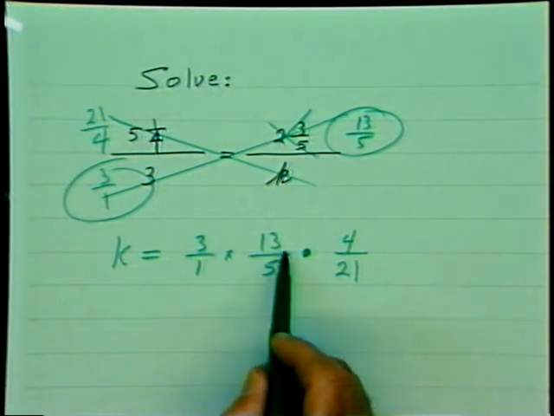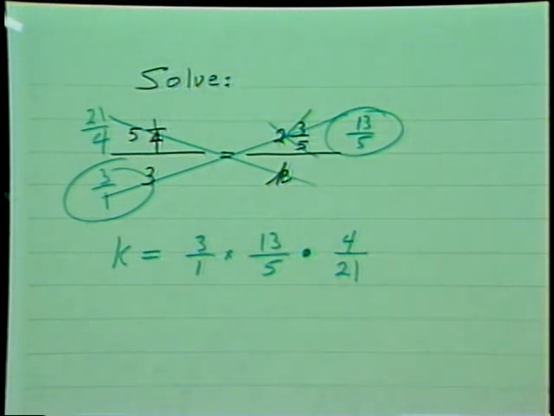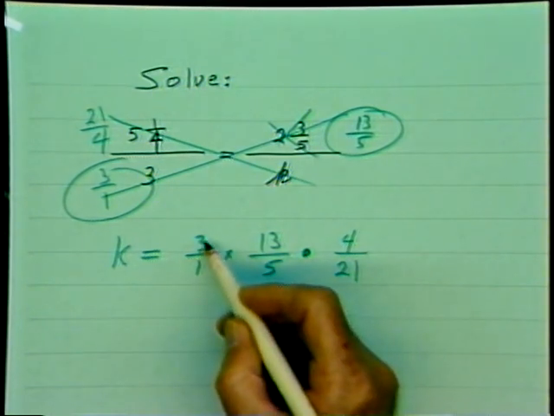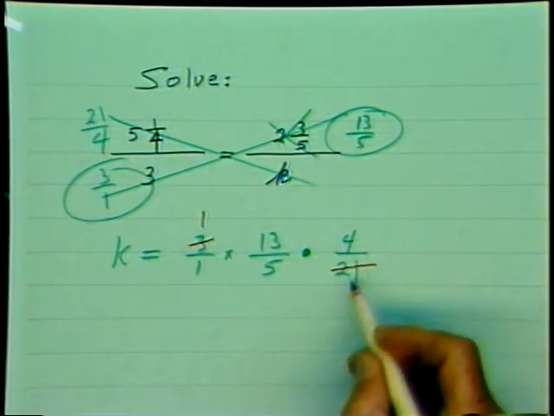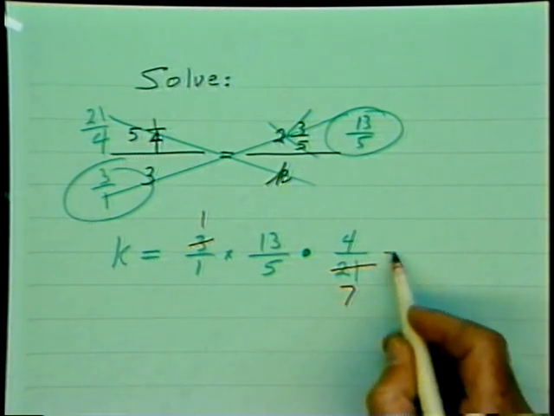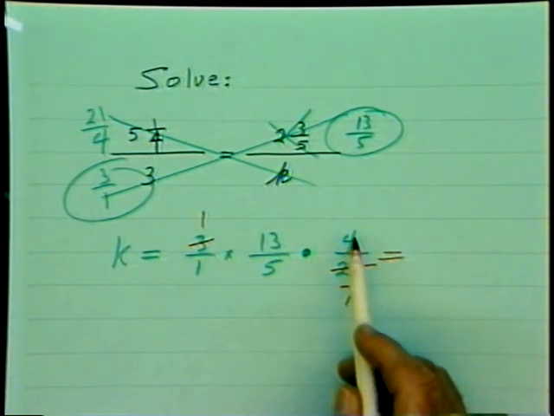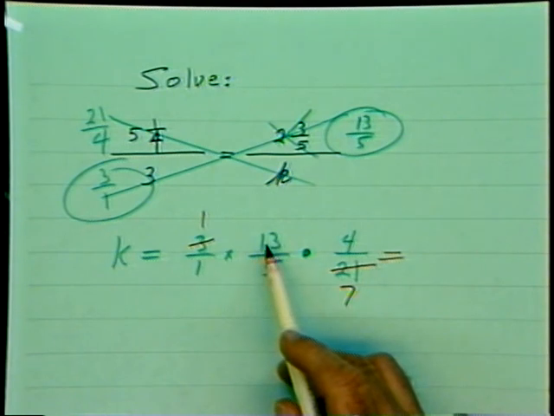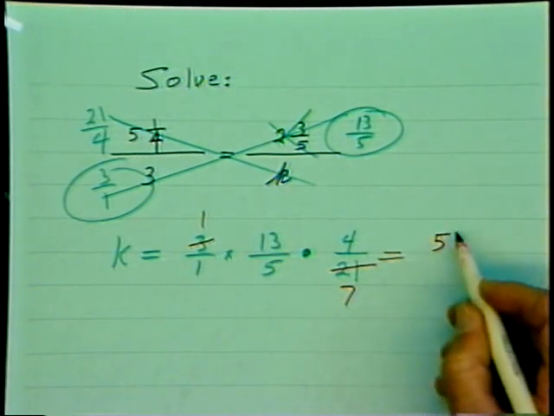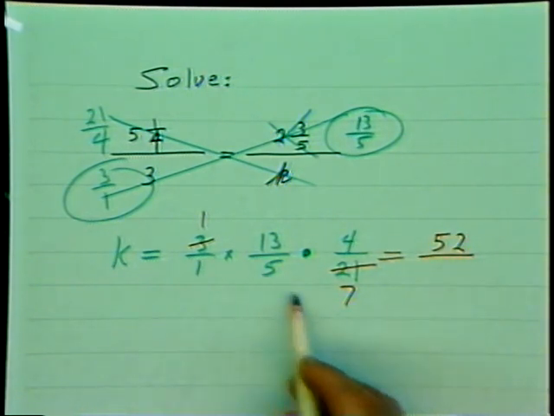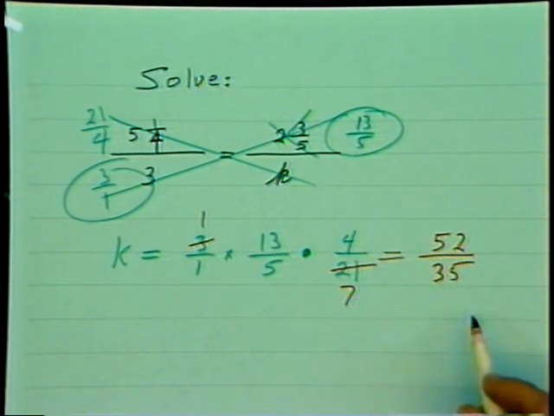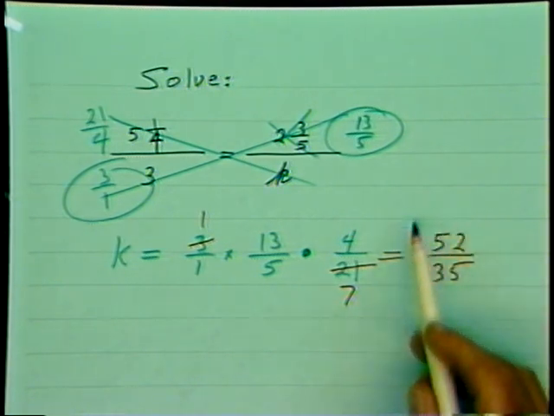Now that it's all set up and we see that we are multiplying, we have permission to cancel wherever possible. And in this case, there's just one cancellation here. Then multiplying what's left on top, 4 times 13 is 52. And on the bottom, 35. And we have our reduced answer.